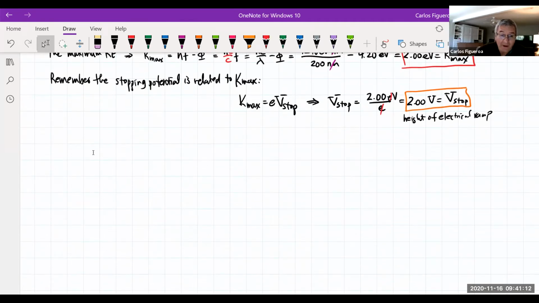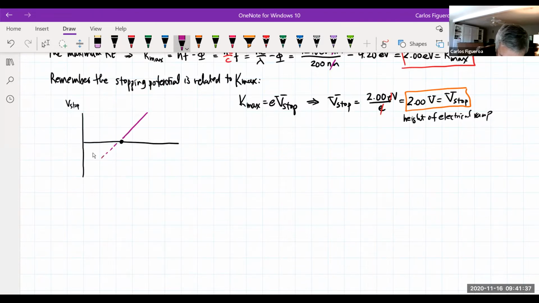So when I plot this thing, let's go draw a picture of this to try to make this as clear as possible here. What you're seeing here is that here's my V-stop, okay? And there's going to be a point here where no electrons actually get ejected.